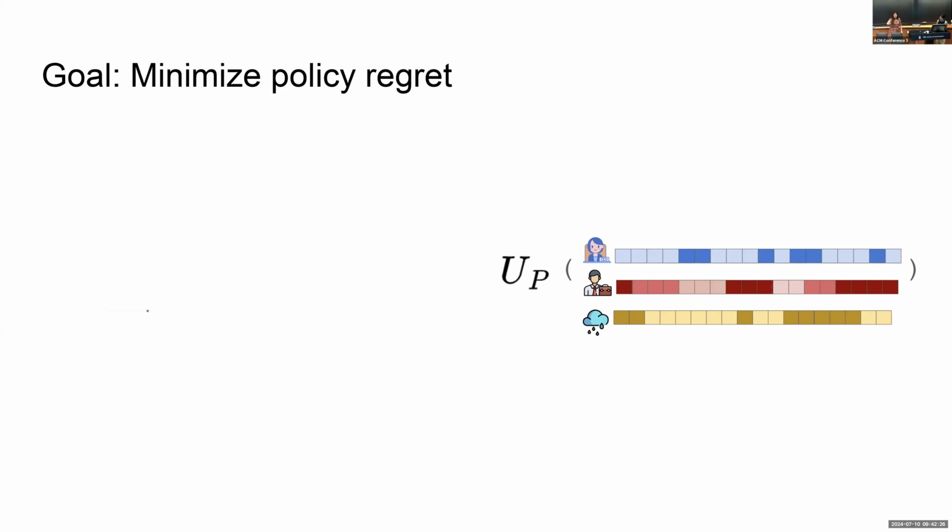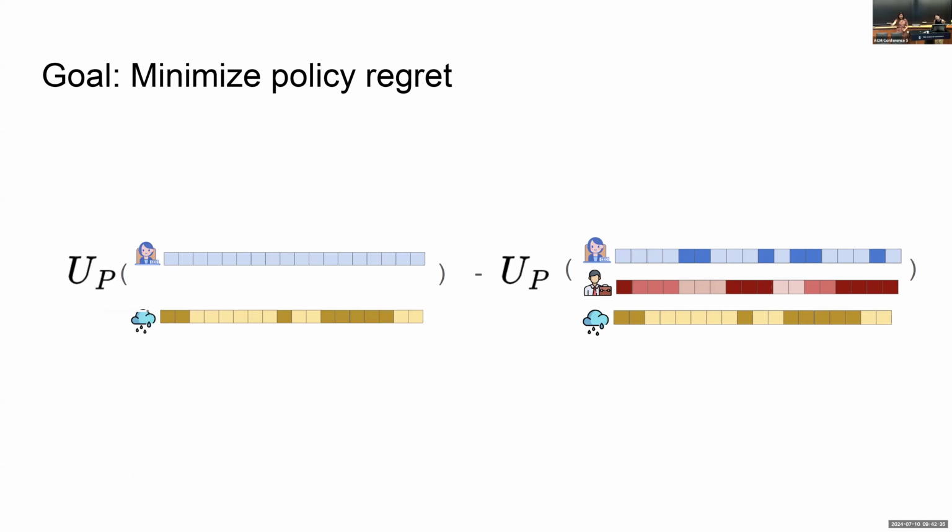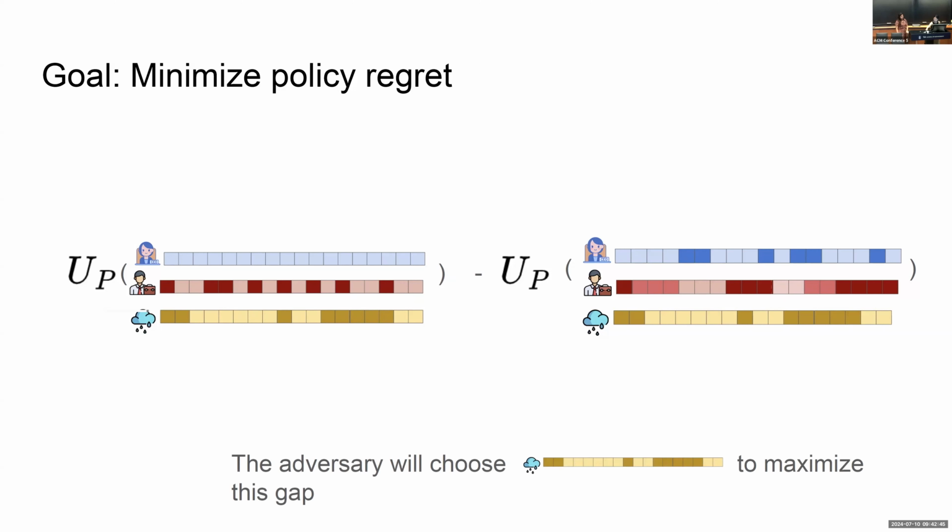Then there's some state of nature, and then the agent has some actions, right? So that's what you actually get. And then we can think about, right, counterfactual, where you just play one fixed thing. State of nature is the same, but the agent can change their actions, right? And we want to see how well we do in comparison to the best choice of this fixed action. And the adversary, right, this state of nature sequence is going to be chosen to try to maximize this gap.